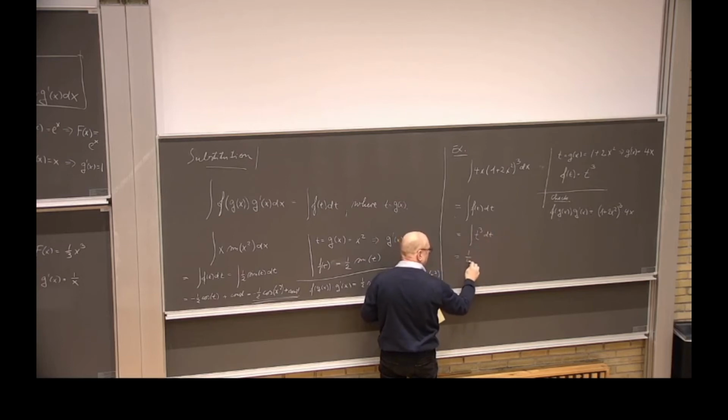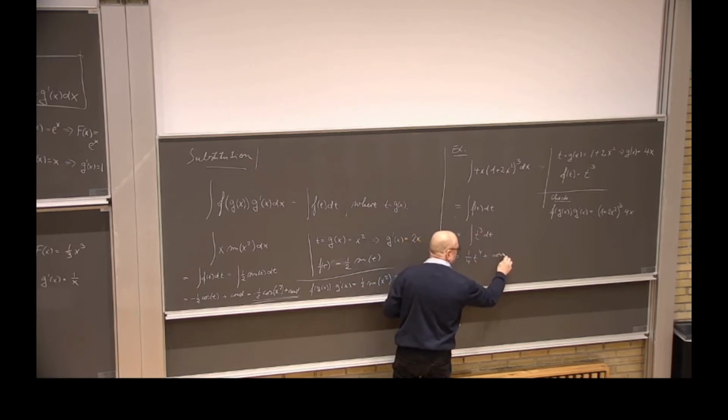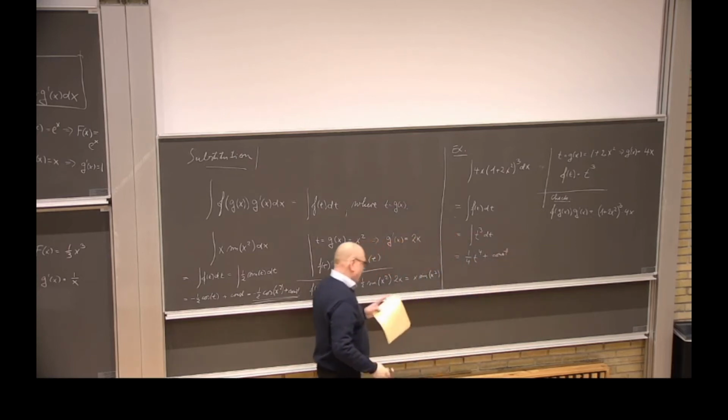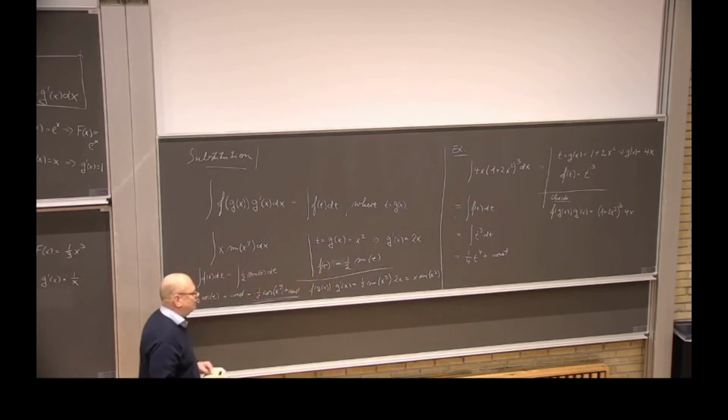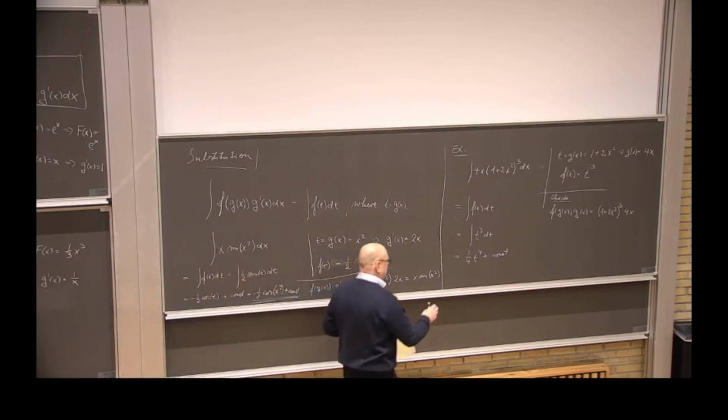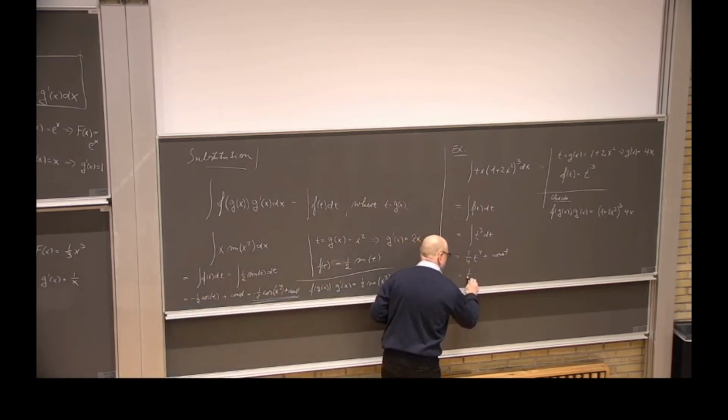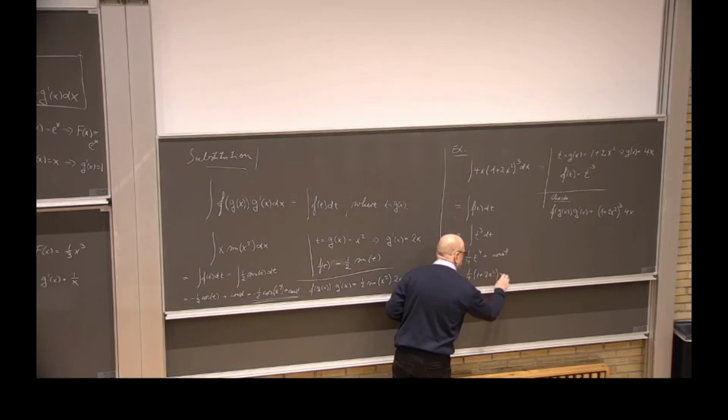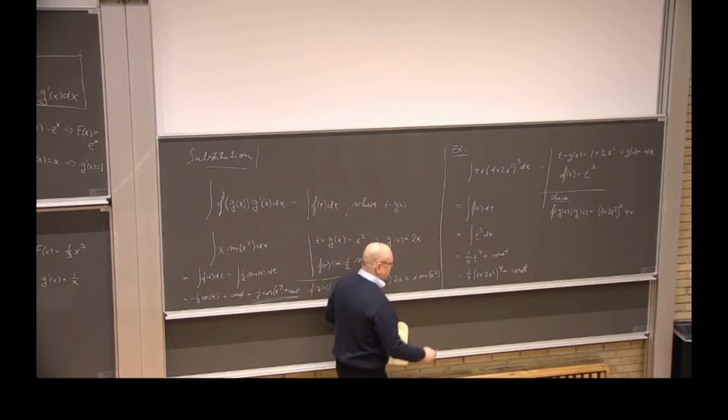You get 1/4 t to the 4th plus some arbitrary constant. And again, you're not through until you have put in the value for t. So you should present the result in terms of x: 1/4 times (1 plus 2x squared) to the 4th plus a constant. This is the result.